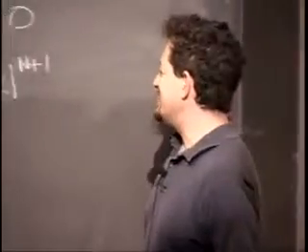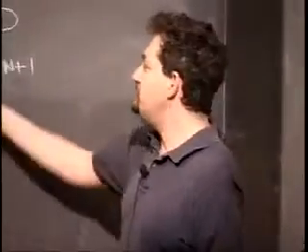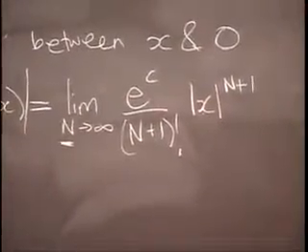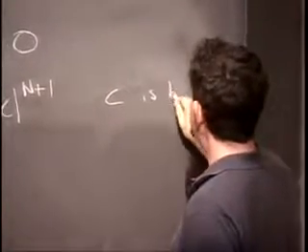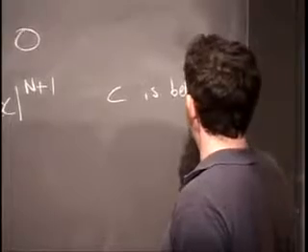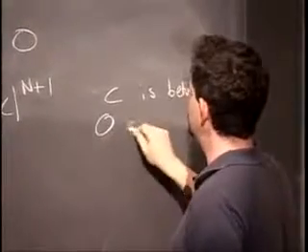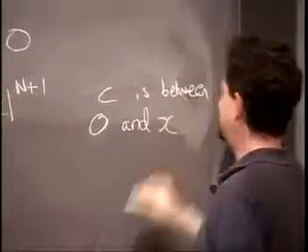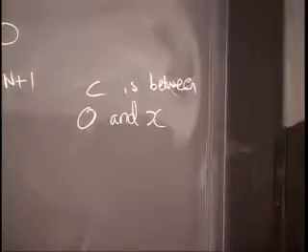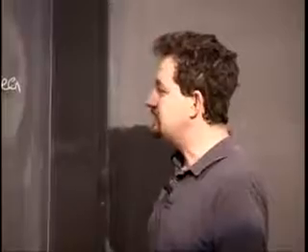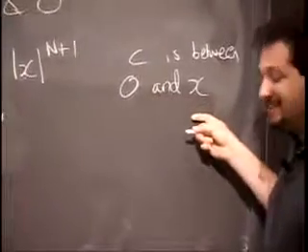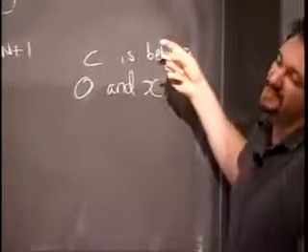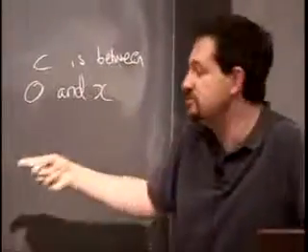Okay, so here's a question. How big could e to the c possibly be? C is between 0 and x. So how big could it be? Well, it could be as big as e to the x if x is, say, 2. Suppose x is 2.